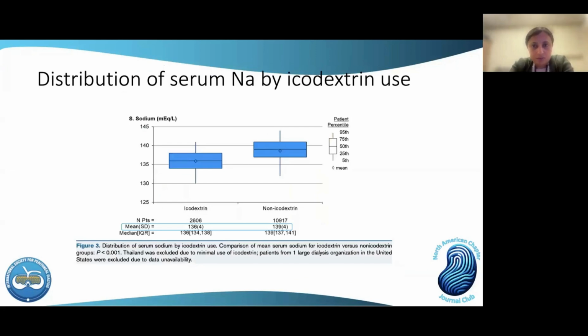And distribution of serum sodium by icodextrin use in this overall population: patients who are using icodextrin had the lowest sodium, with a mean sodium of 136 compared to non-icodextrin users who had a mean sodium of 139 milliequivalent per liter.